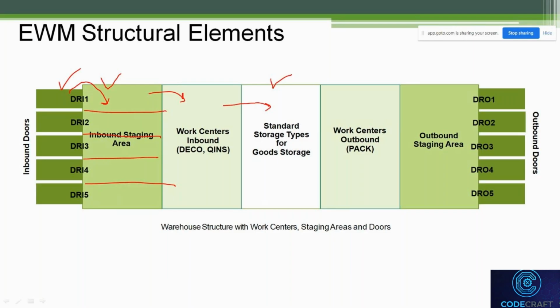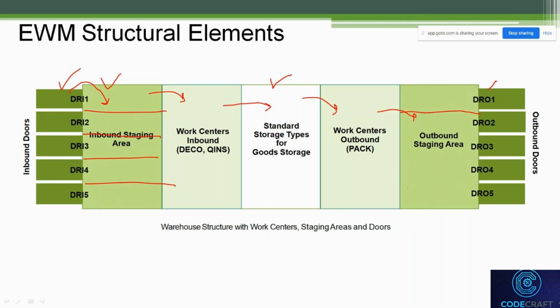Okay. A similar thing you can imagine from an outbound perspective. We pick the parts, we pack them, label them, then we put them into the staging area. Now in the staging area, if the truck is going to come at door DR01, we will not put the material at DR05, right?